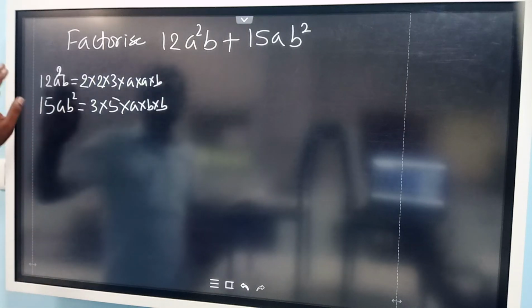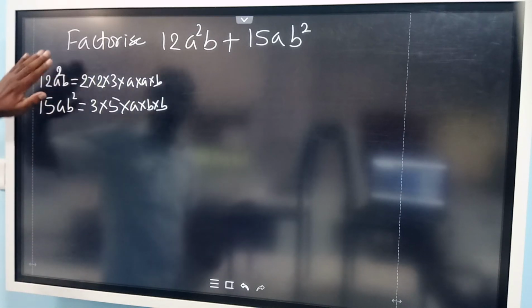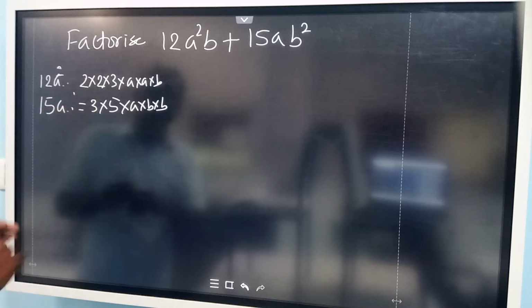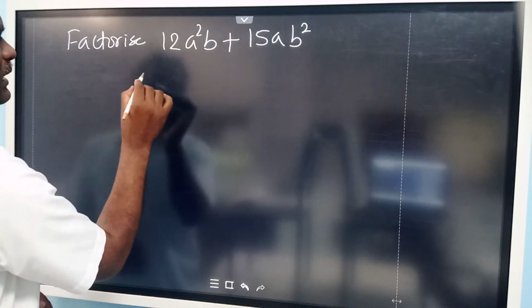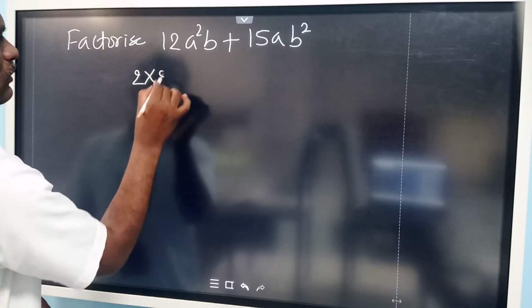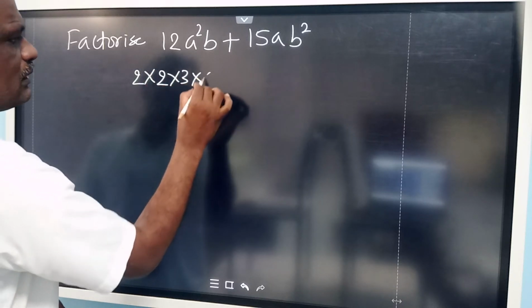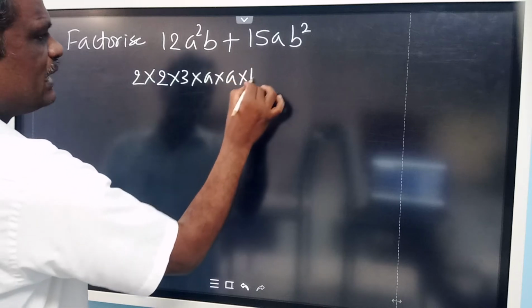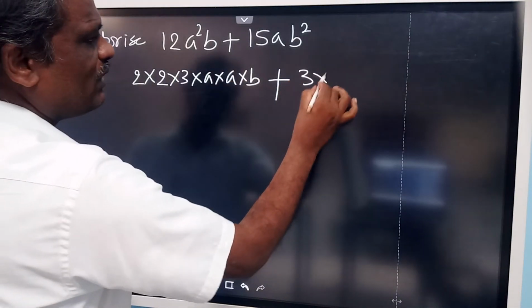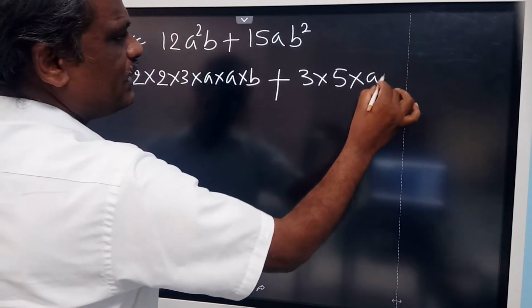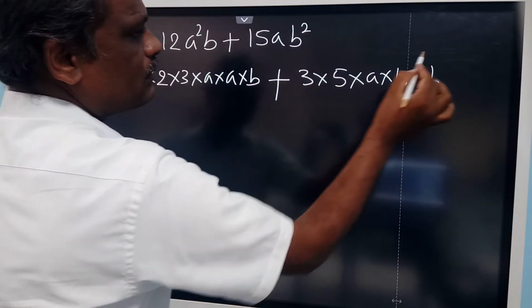Now I am not going to write it here, I am going to remove it directly. You can write it below this. 12 can be written as 2 into 2 into 3 into a into a into b, plus 15 can be written as 3 into 5 into a into b into b.